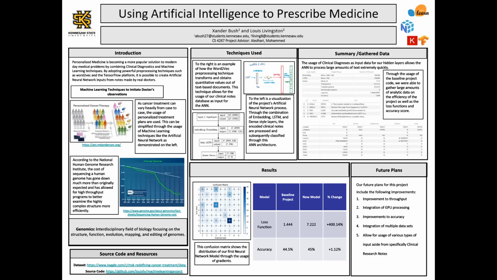Hopefully we'd be able to take somebody's genomic variations mapped using PyGeno, which is one of the libraries that we were experimenting with, and possibly use that as an input for our neural network, and see if we can classify that like how we could classify a patient based on the clinical research done on them. Otherwise, this is a quick overview of our poster, and up to you, Louis.